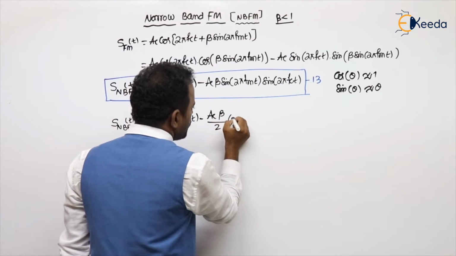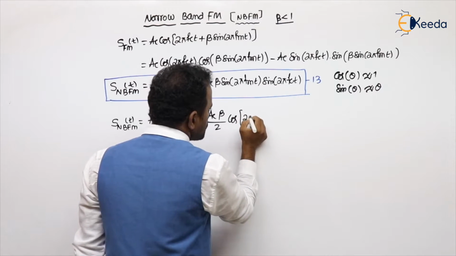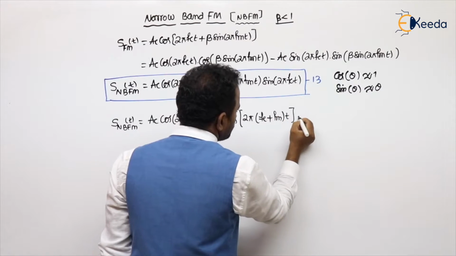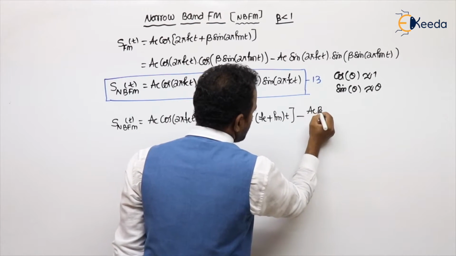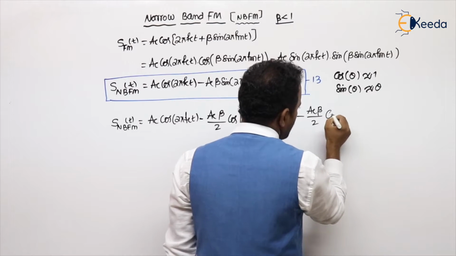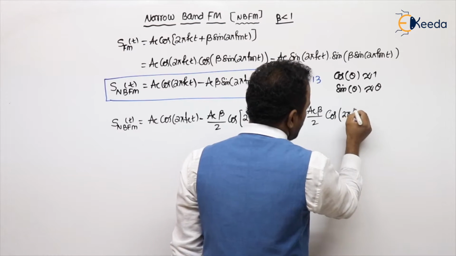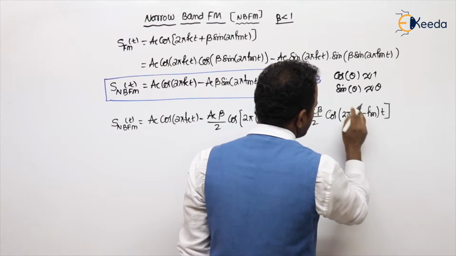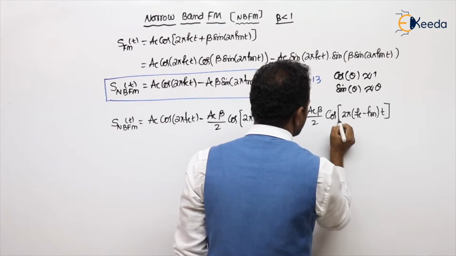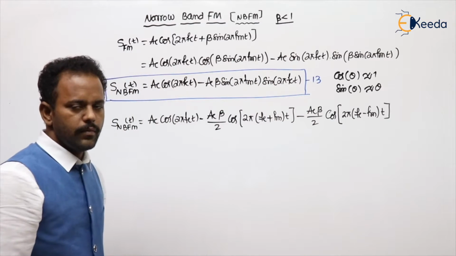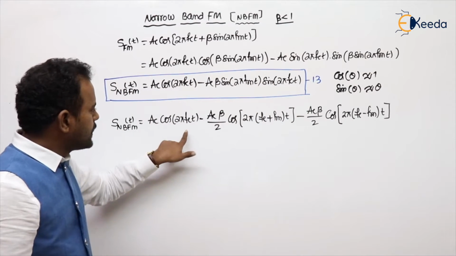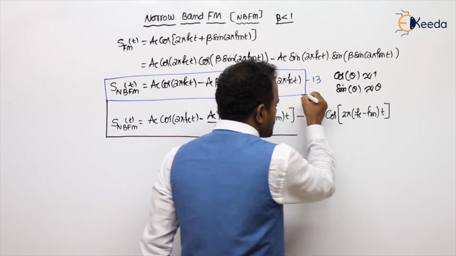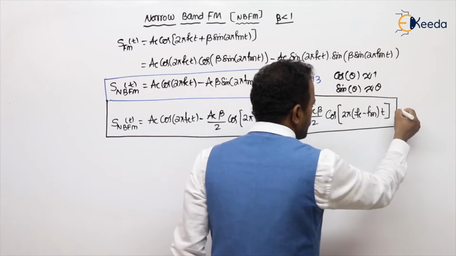So it is AC beta by 2 into cos 2 pi (FC plus FM) t, minus AC beta by 2 into cos 2 pi (FC minus FM) t. This is another expression for NBFM, expression number 14.